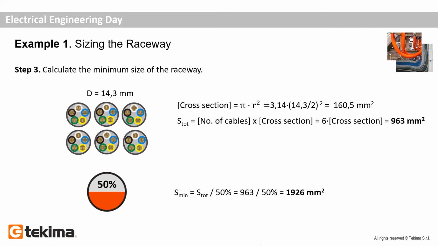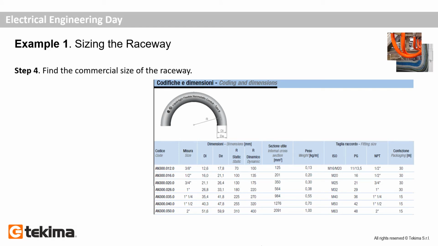That means 963 divided by 0.5, which is 1926 square millimeters. We can now find the commercial size of the raceway based on the result obtained. The raceway that allows us to reach at least 1926 square millimeters is a 2-inch raceway.